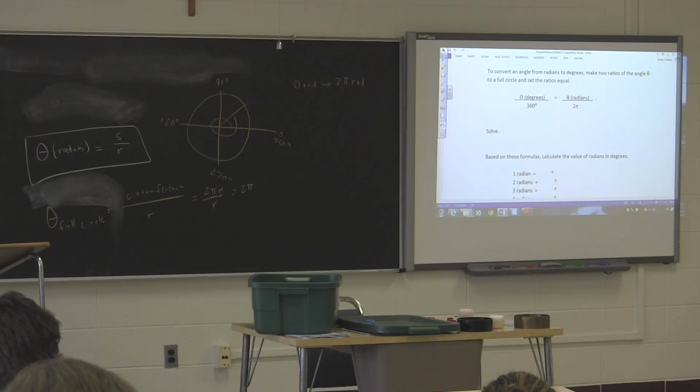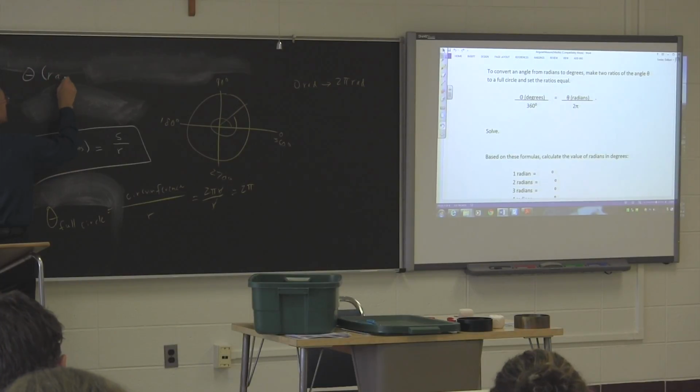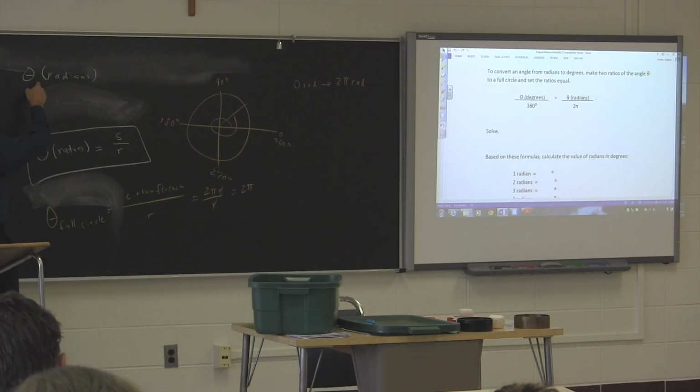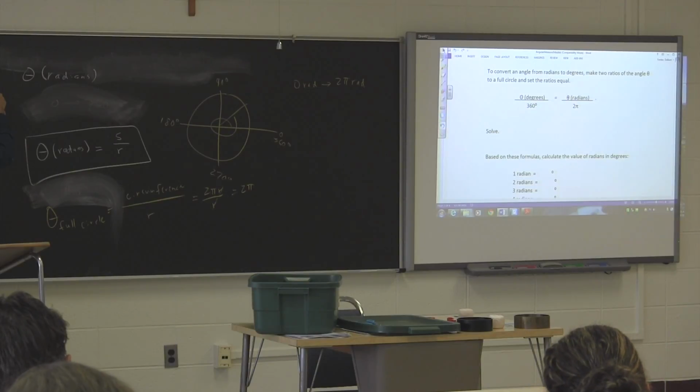Okay, so by theta you mean theta in terms of radians. Yeah. Okay, so let me write that over here. Theta in terms of radians. That's the number that you're going to plug in, right? Like you've been given theta in radians. And so what's out here? That's the conversion factor.